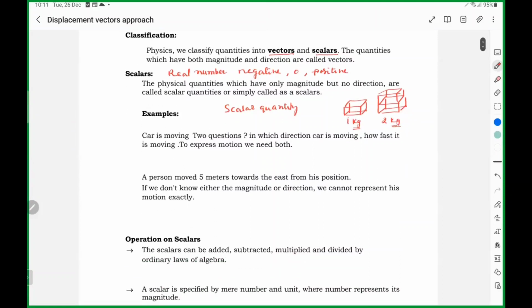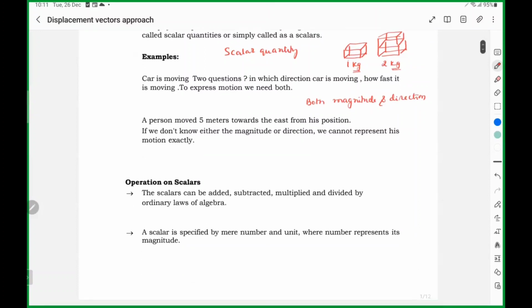And related to vector, it is having both magnitude and direction. Suppose person moved 5 meters.